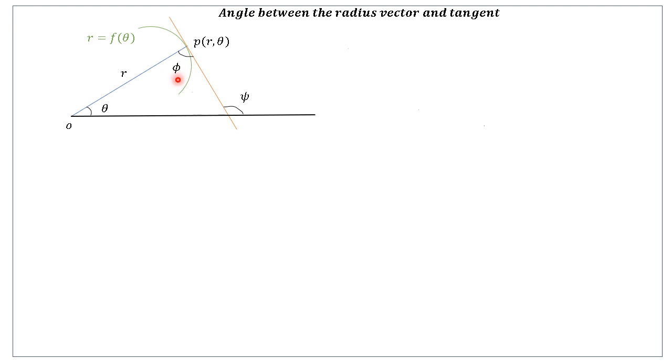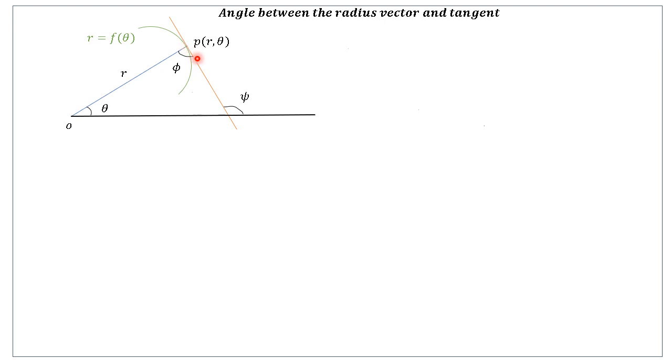Now we need to derive a relation for the angle between the radius vector OP and the tangent, which we denote as angle phi. Here P is the point with polar coordinates r and theta.